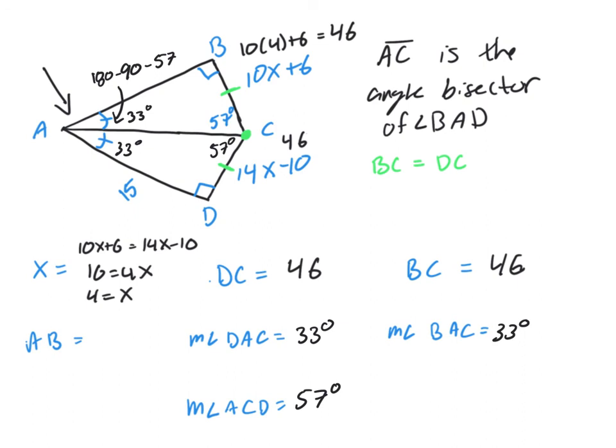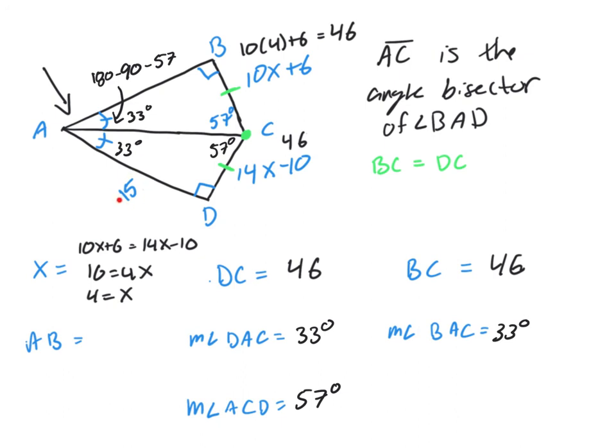Okay, so last thing we want to find out is the measurement of AB. So because these triangles have so many congruent pieces, we are able to say that these triangles are actually congruent. So there's quite a few of our triangle congruencies we can use.